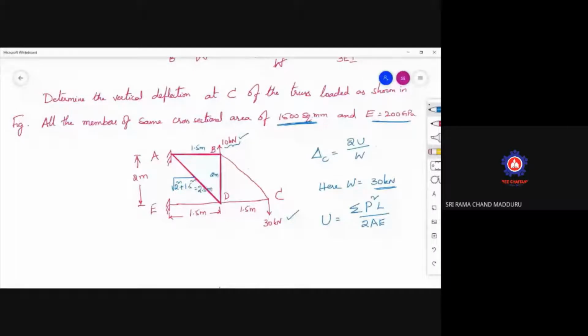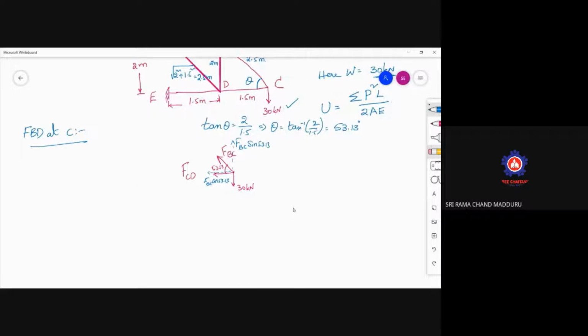This distance is 2.5 meters. Sigma Fx is equal to 0: minus FCD minus FBC cos 53.13 is equal to 0. Sigma Fy equal to 0: plus FBC sin 53.13.